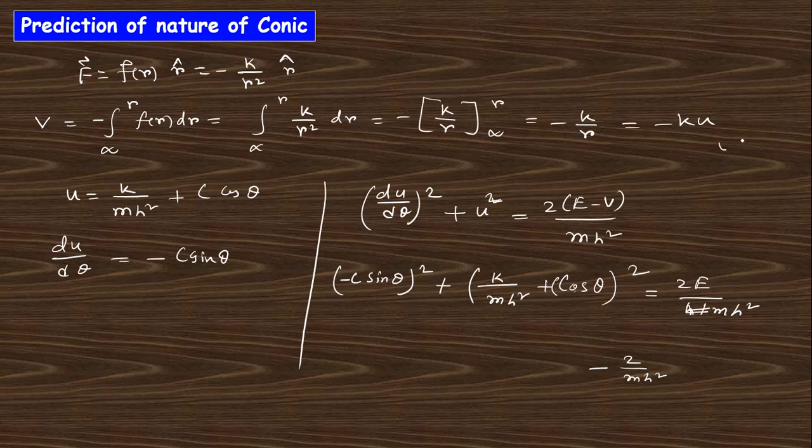What will be the value of v? v is this minus ku, so this becomes plus, and u will be 2k times k by m h square plus c cos theta.